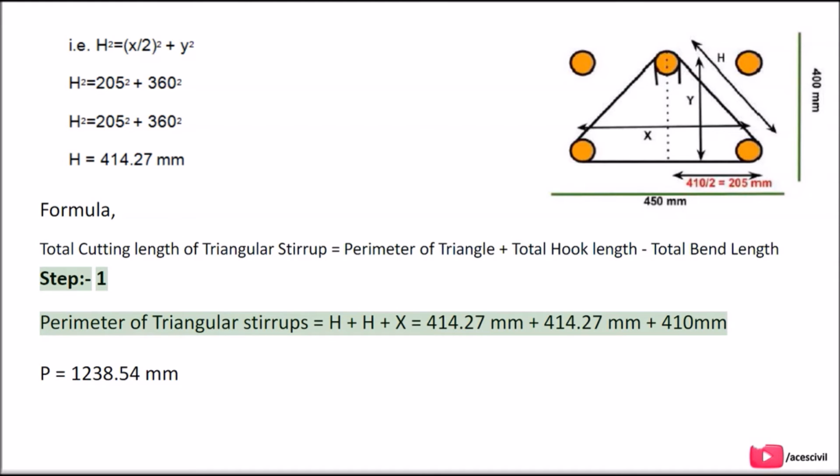Step 1: perimeter of triangular stirrup equals h plus h plus x equals 414.27 mm plus 414.27 mm plus 410 mm. P equals 1238.54 millimeters.